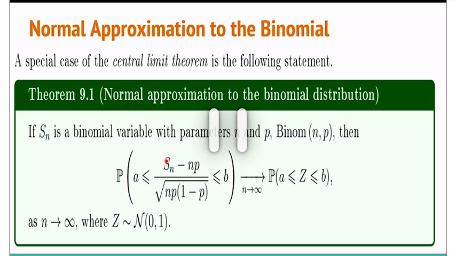In the situation where the number of trials is large, that's why you see here n tends to infinity, meaning I have a large number of trials. Then we can have a situation that can be represented by a normal curve. That was what De Moivre did.